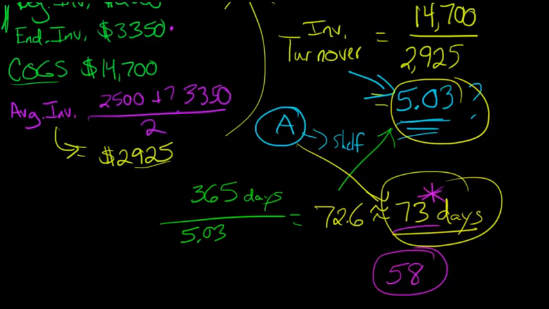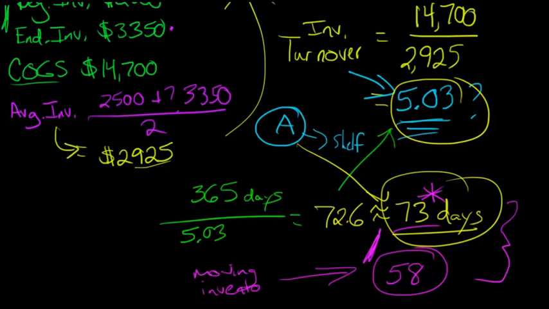But if you're selling substantially the same items, and we're comparing apples to apples with nothing else different except these two numbers, then you conclude that this company is doing a much better job of moving its inventory. It's getting the stuff on the shelves, getting it sold and into a consumer's hands, and then putting a new product on the shelf to be sold again.